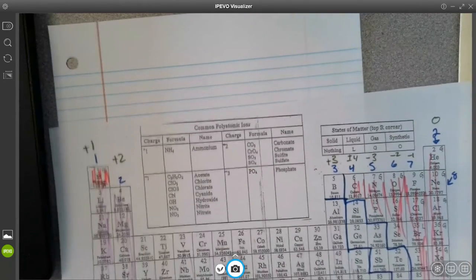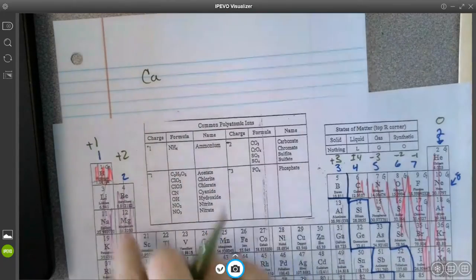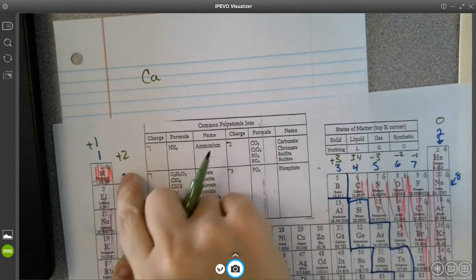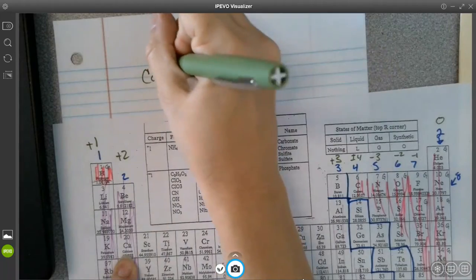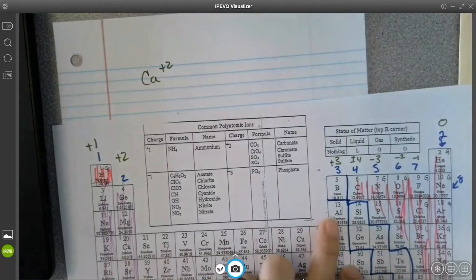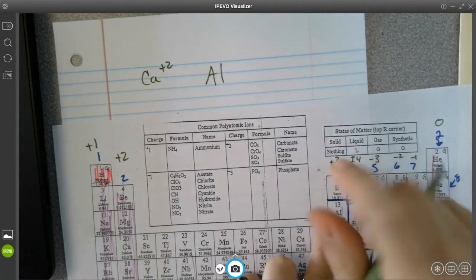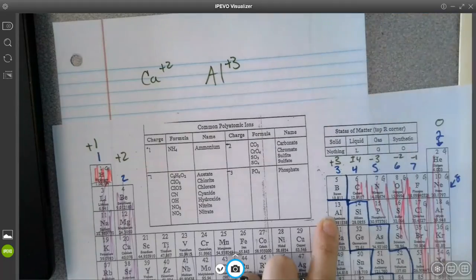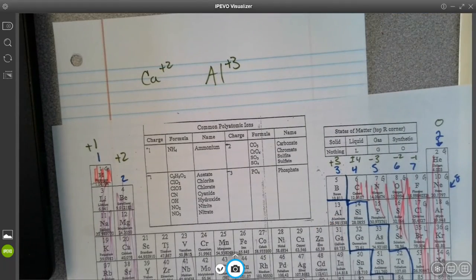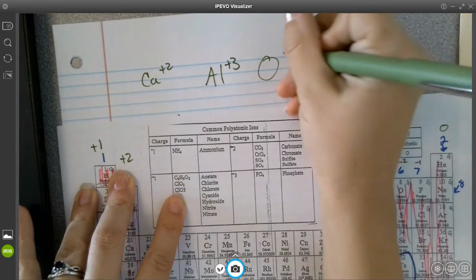So if I look here, calcium, Ca, its family has a +2 charge, so therefore calcium will always have a +2 charge. Aluminum, Al, family 13. Family 13 always has a +3 charge. Oxygen, -2.